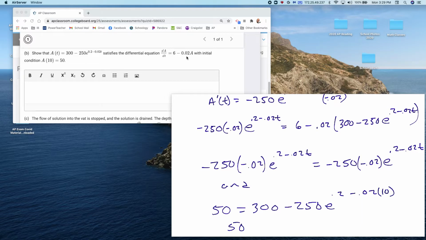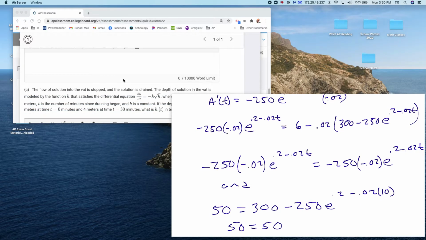And I would write 50 equals 50. You don't have to really do the math behind it, but you have to show that you know what you're doing with the math behind it. That's the way I would do that part. It looks like a separation of variables, but it really doesn't. You don't have to do a separation of variables on that.